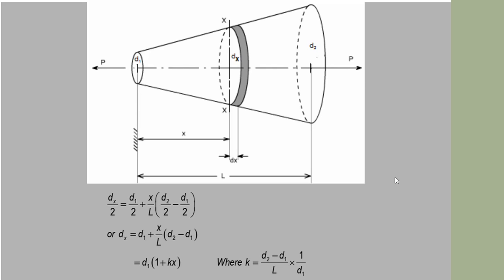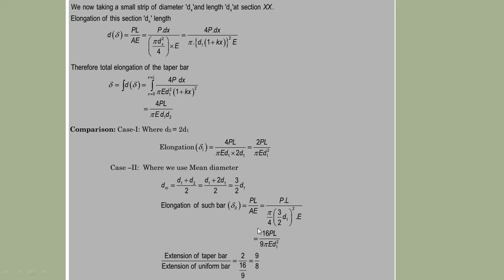So dx by 2 is equal to d1 by 2 plus x divided by L into bracket d2 by 2 minus d1 by 2, or dx is equal to d1 plus x by L into d2 minus d1, which is d1 into 1 plus kx, where k is equal to d2 minus d1 by L into 1 upon d1.